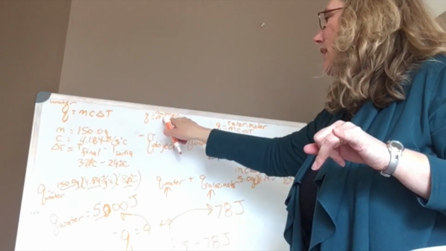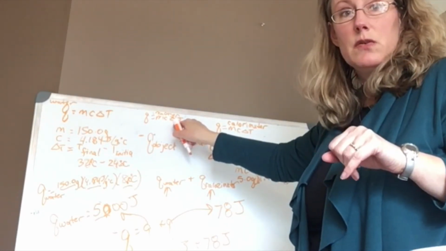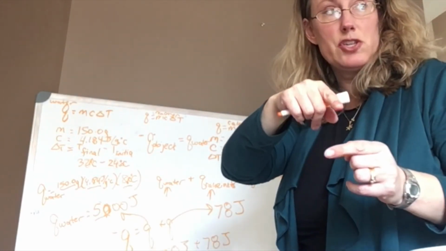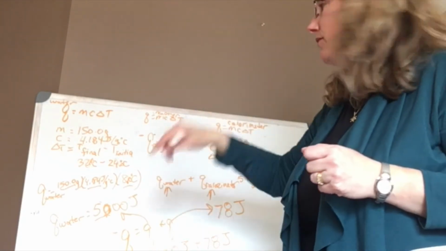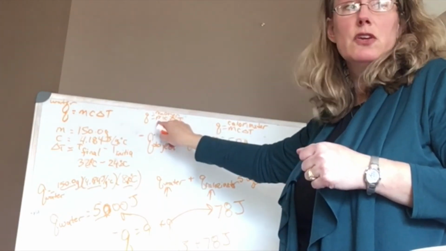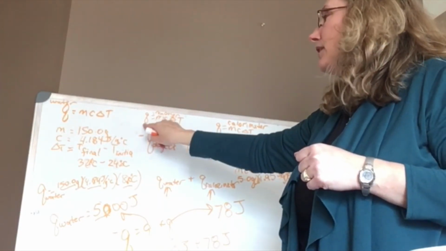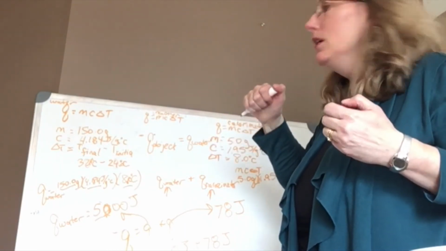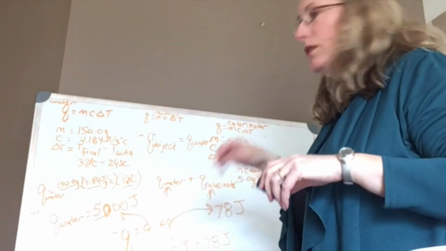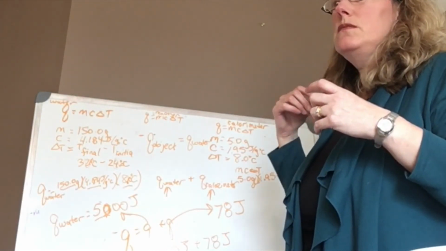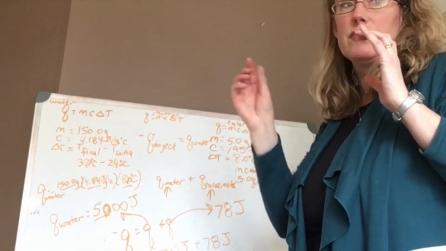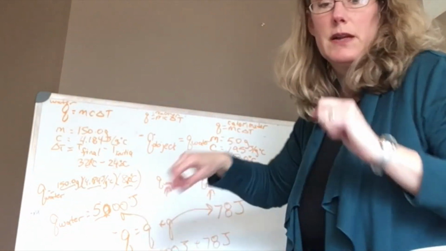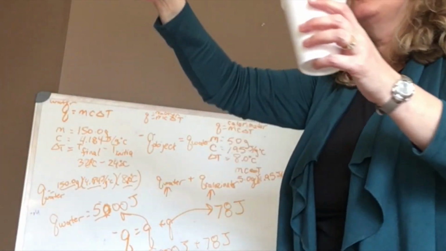So you have to figure out your delta T: read your initial temperature first, and then your final temperature is how much it raises. You know the mass of your little rock, and you're going to figure out the Q that comes off. The goal is to figure out what the C is for your stone. We'll work that together if we have time once you figure out your temperature change.